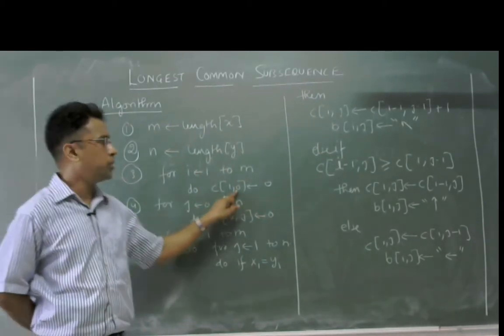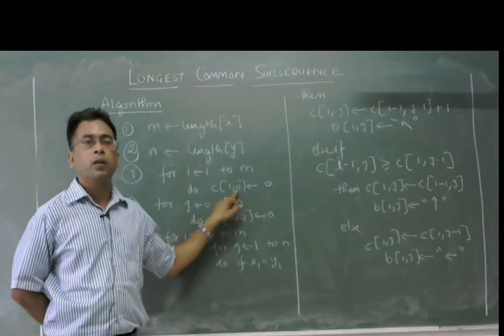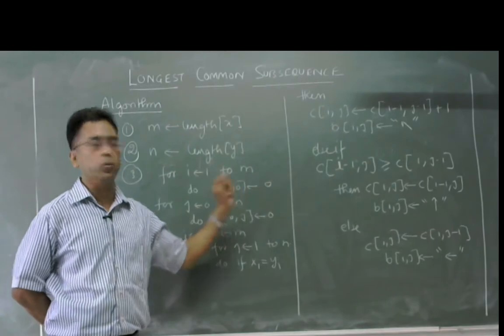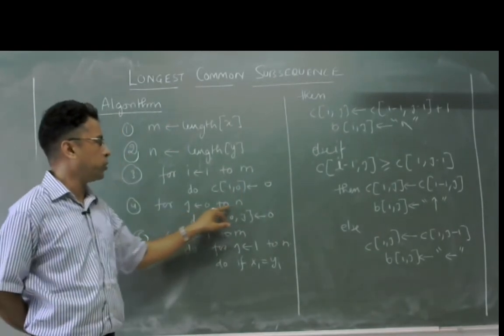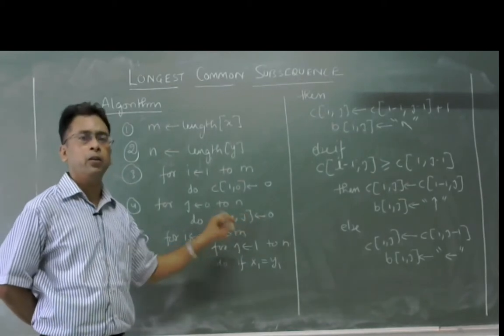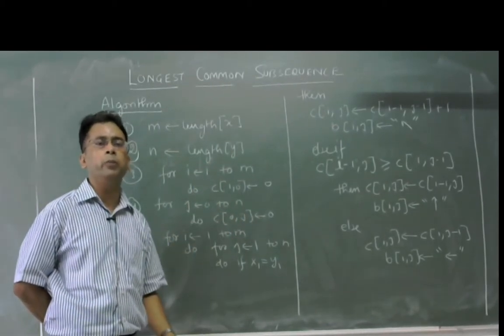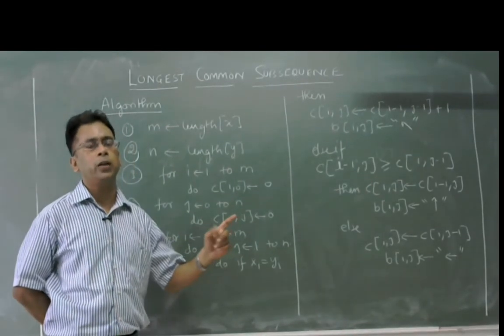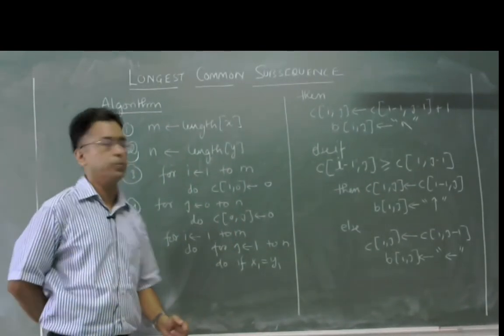So the first row element would be 0. Similarly, for j equals 0 to n, means 0 comma 1, 0 comma 2, up to 0 comma n, the first column entry would be 0. In simple words, the first row would be 0 and the first column would be 0.